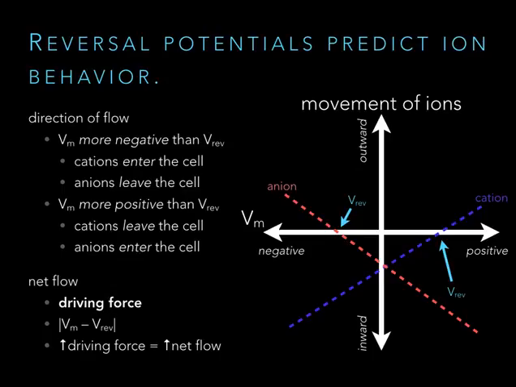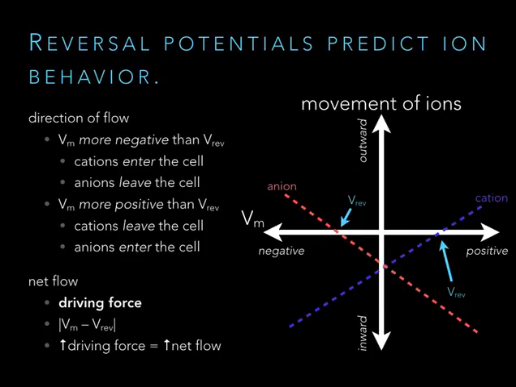We can calculate what we call the driving force, and that's really just the difference between the membrane potential and the reversal potential. The larger these are, the greater the movement of ions. At reversal potential, the net flow is 0. There's no driving force. So if the membrane potential is positive 56 millivolts and we open a sodium channel, we'll have no net flux of sodium. We're already at the reversal potential.